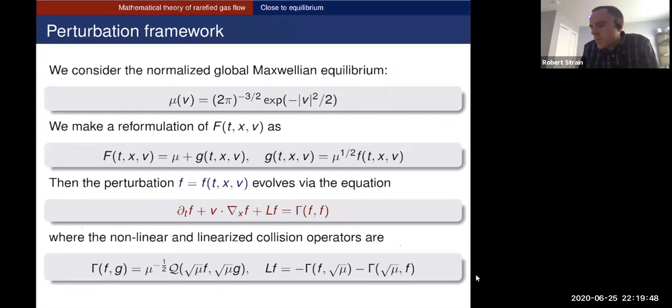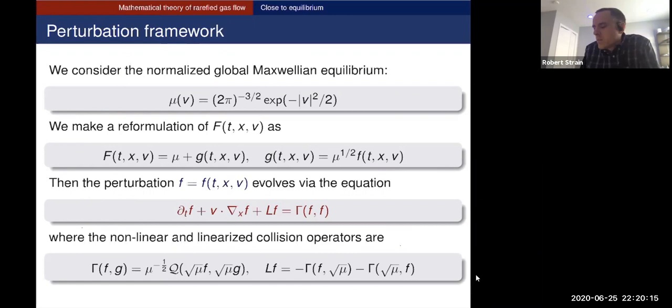Then you typically reformulate the solution f as f is mu plus g, where g is mu to the 1/2 times lowercase f. This mu to the 1/2 imposes extra decay on the solution, and it also makes the L2 based spaces that you work with Hilbert spaces, which makes things nice.